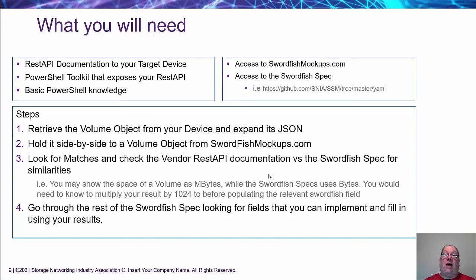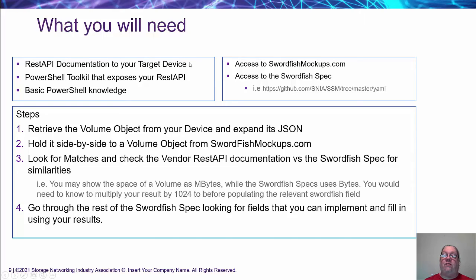And to do that, it's pretty unlikely to come across a product out in the market that doesn't have its own REST API interface today. You're talking to your device through REST API from your own management app. The key is you want to be able to use the standard REST API that Swordfish expects. In this case, you're going to need REST API documentation for your device.